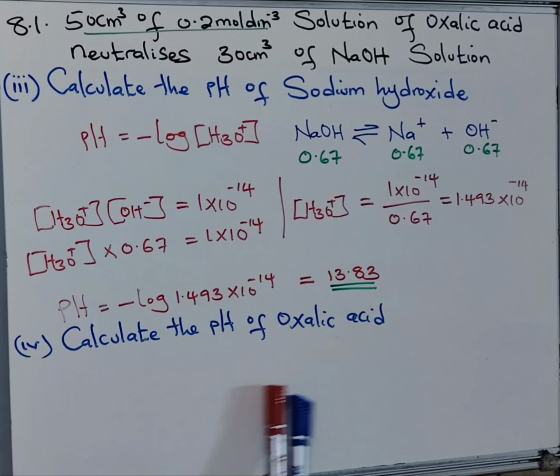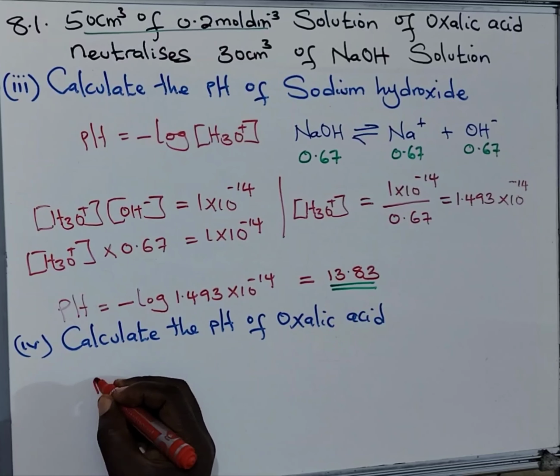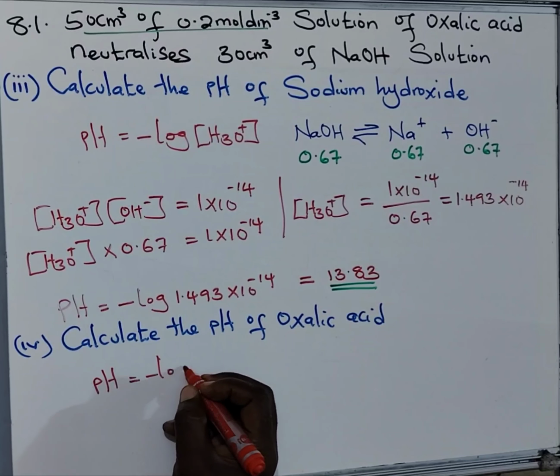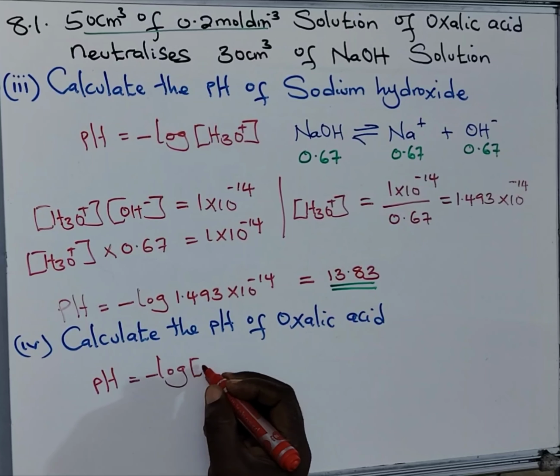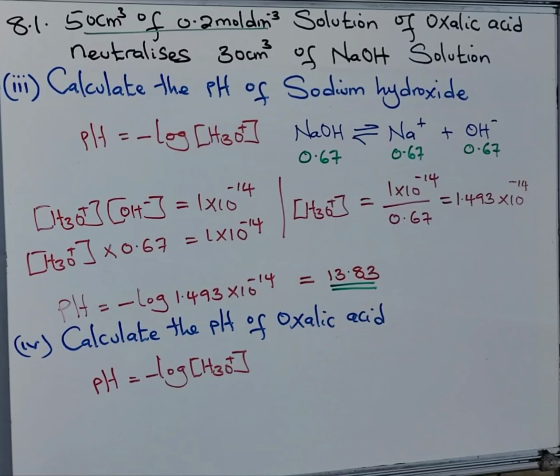So comes this question. It says calculate the pH of oxalic acid. Okay. So how do we go about this? We know that pH is equal to negative log hydronium ion concentration, or hydrogen ion concentration.